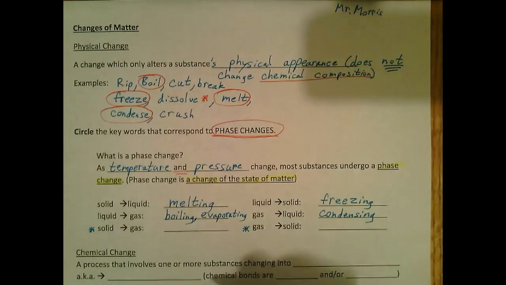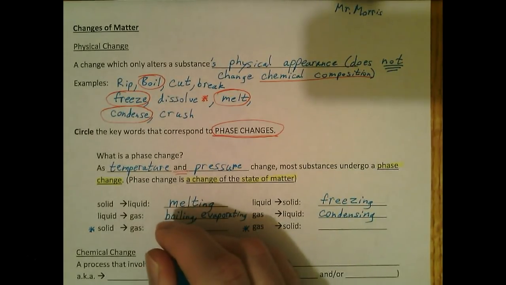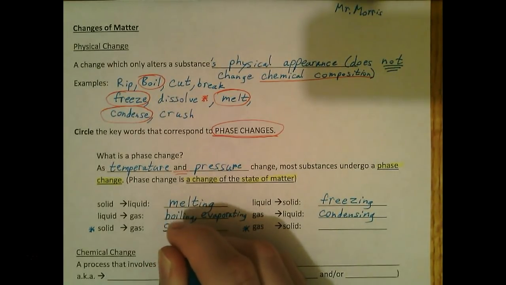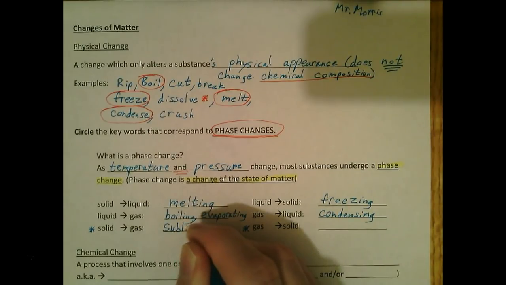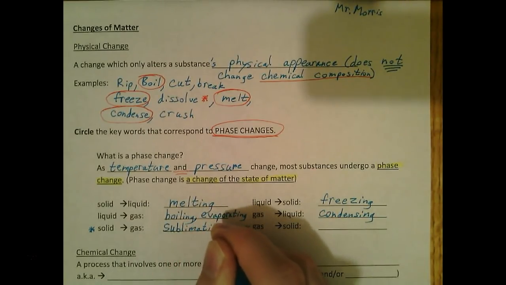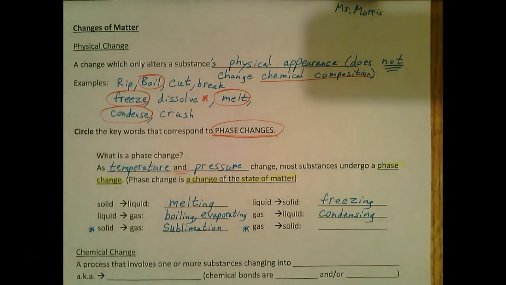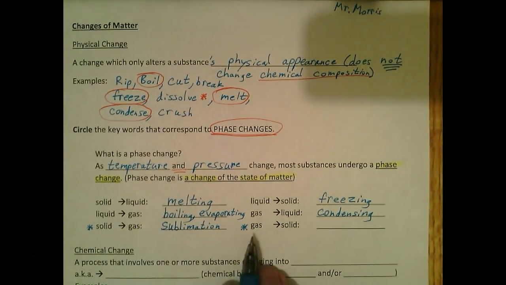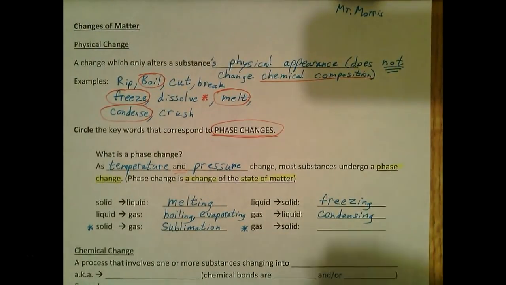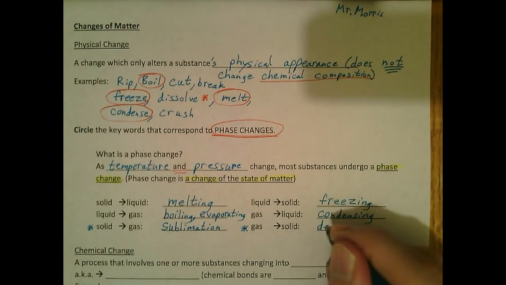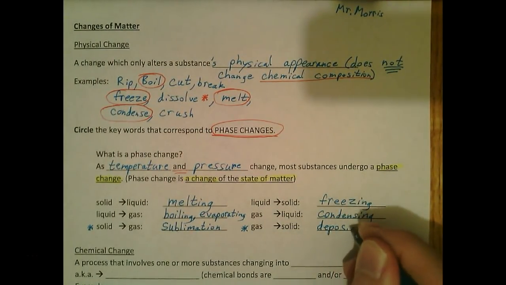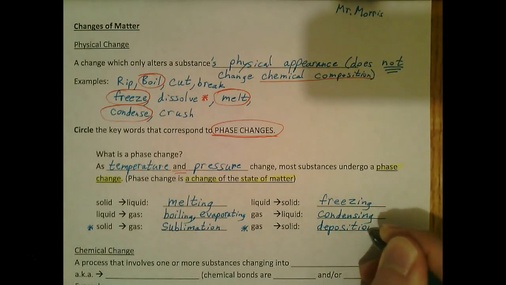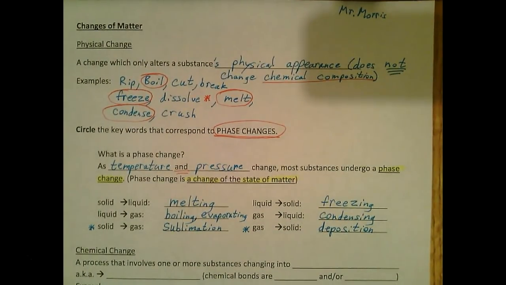That solid to gas is called sublimation. You need to know that word. That's a new vocab term for you. Going from a gas to a solid is called deposition.